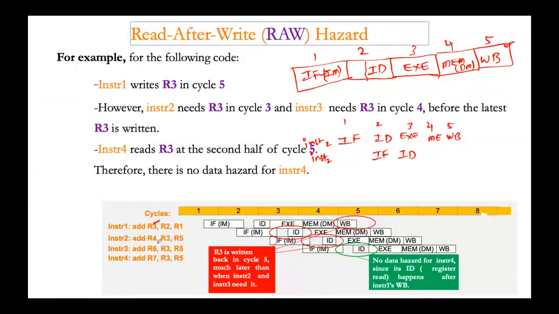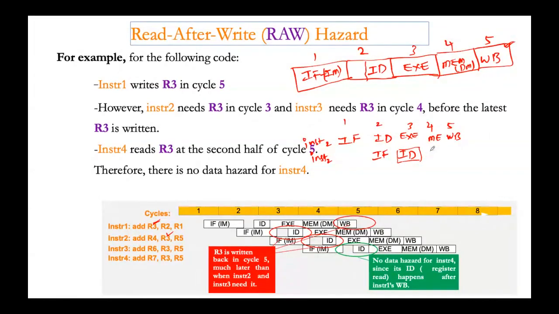But in the instruction decoding, the second instruction requires the value which is there in R3. But at this third cycle, instruction 1 is not yet completed. So it will stop the execution.